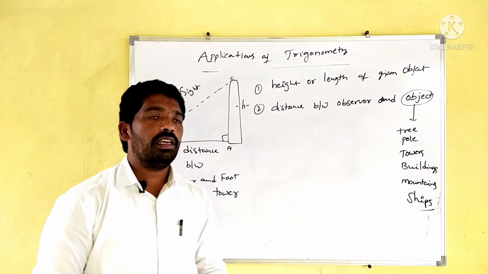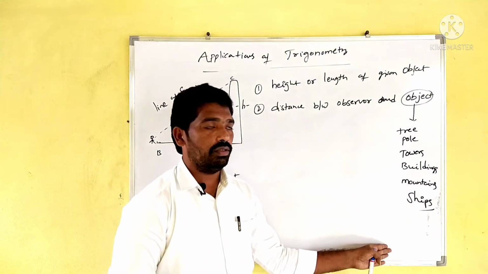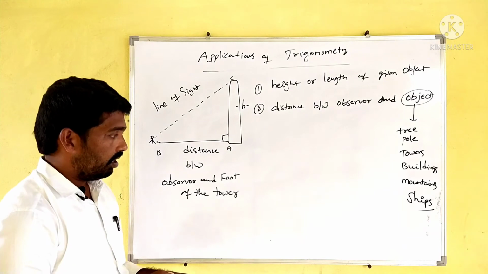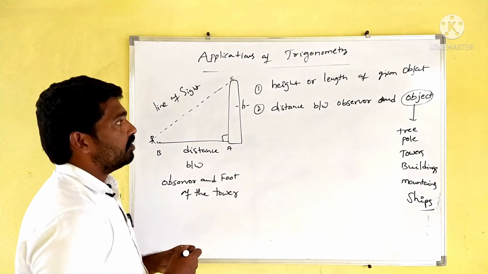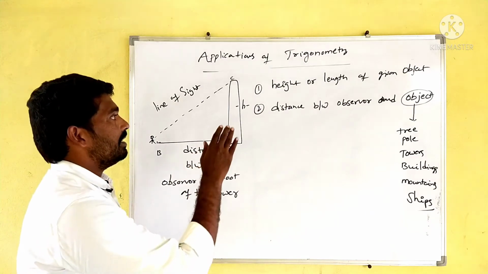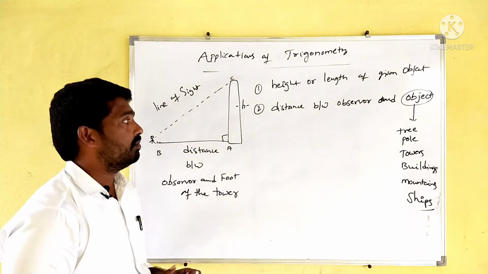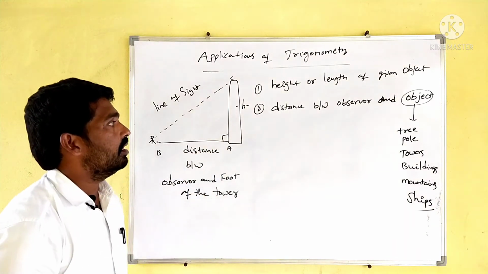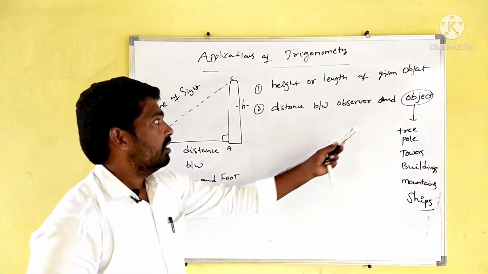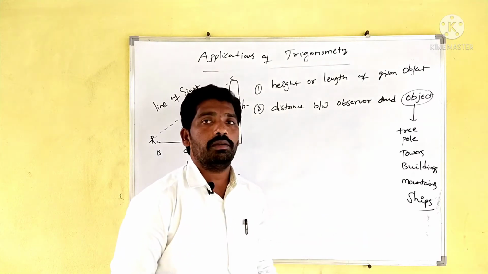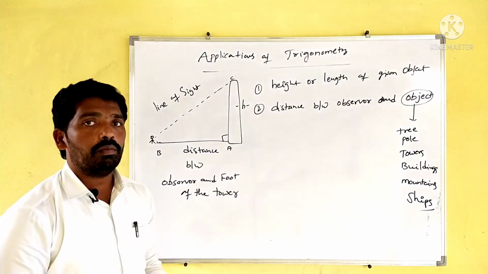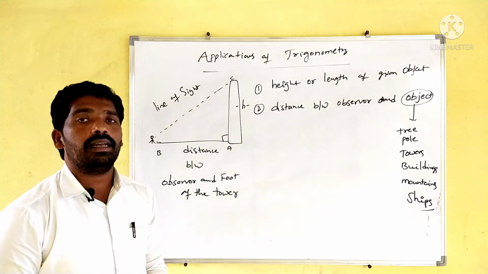The problem is given based on these objects, and you are observing based on these objects. Here we need to find only the height or length of the given object, or the distance between the observer and the given object, either tree, pole, tower, building, mountain or ship. So this is very important. This is the basic terminology.